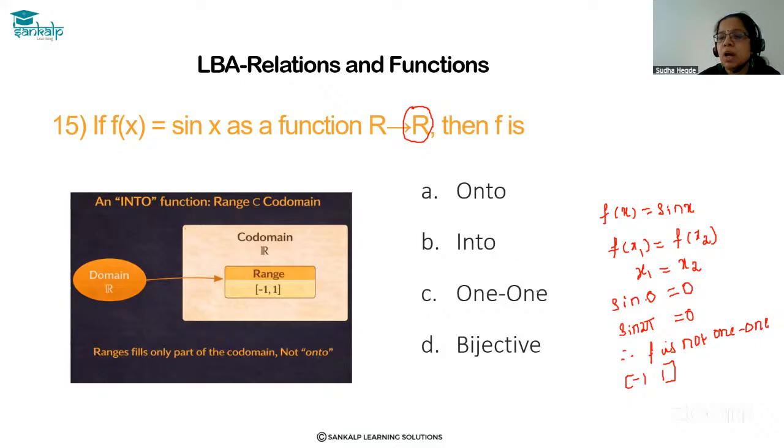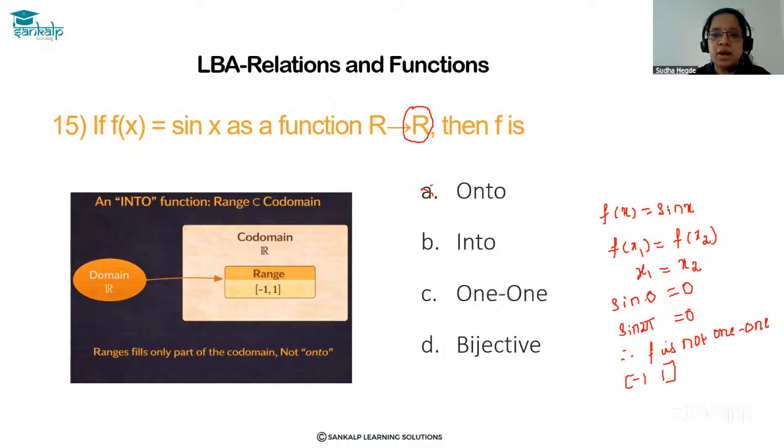Except from -1 to 1, the rest of all elements will not have a pre-image. Therefore, f is not onto. Except -1 to 1, the rest of the elements will not have any pre-image. Therefore, f cannot be onto.